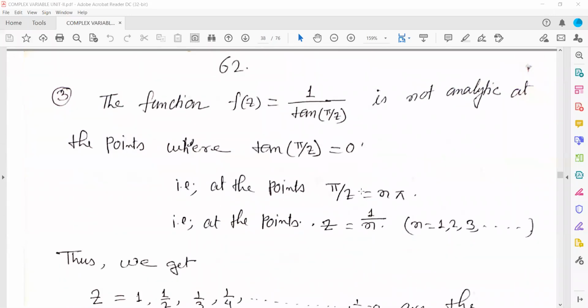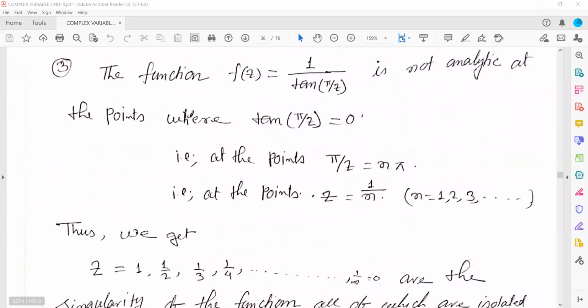Then here, just to see, the function f(z) is equal to 1 upon tan(pi/z) is not analytic at the points where tan(pi/z) is zero, obviously. Now you need to find at what points the function is not analytic.